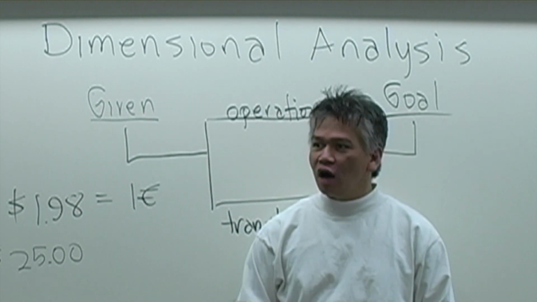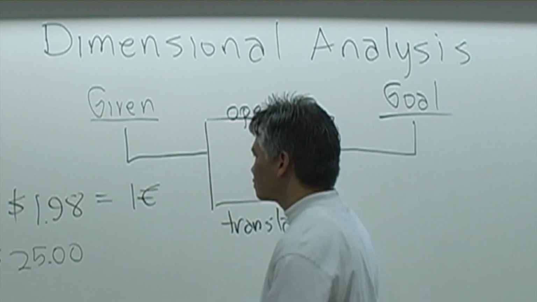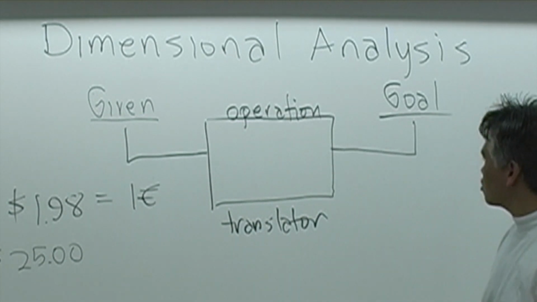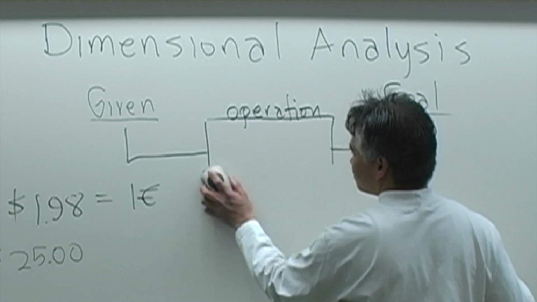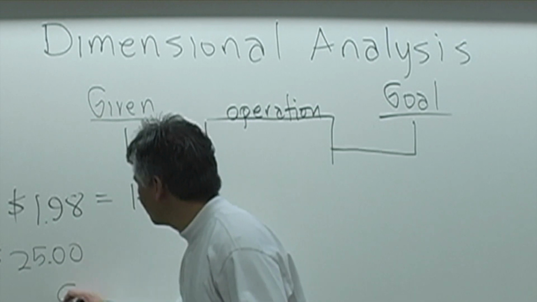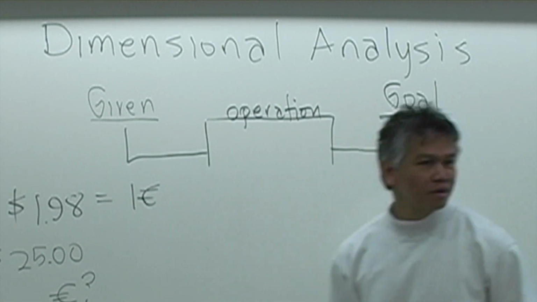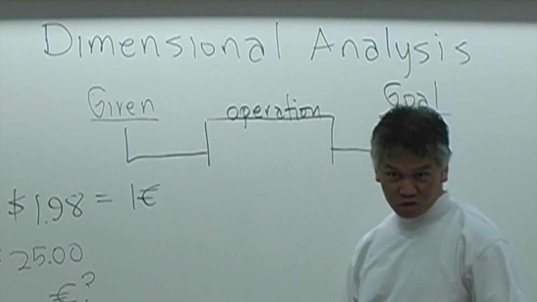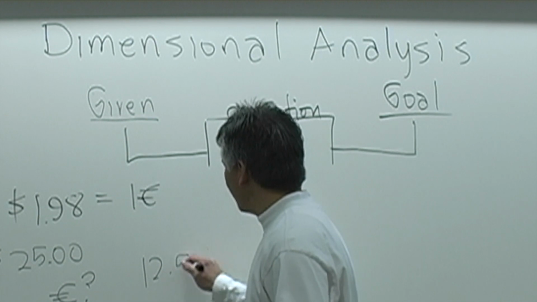How much will that cost in euro? What do you think? How should we do that problem? What's the price in euro? 12.5? So we say it's about 12.5 euro.